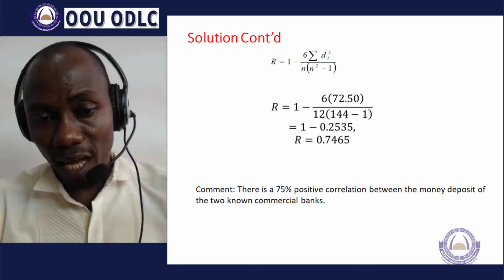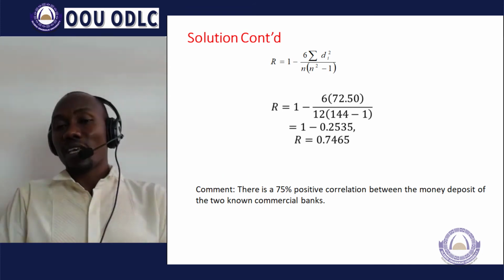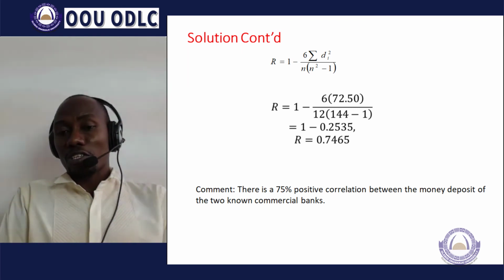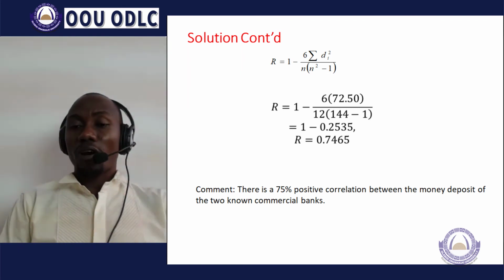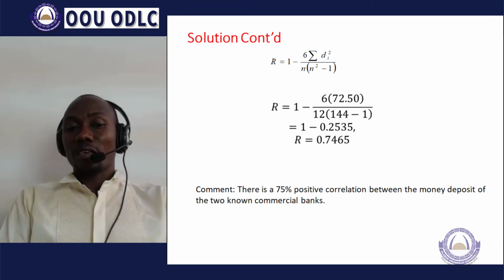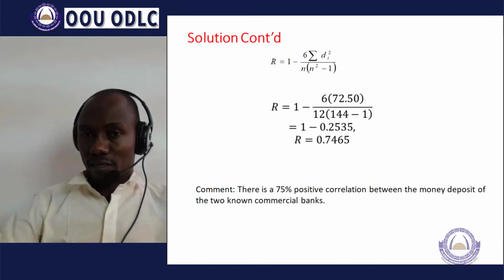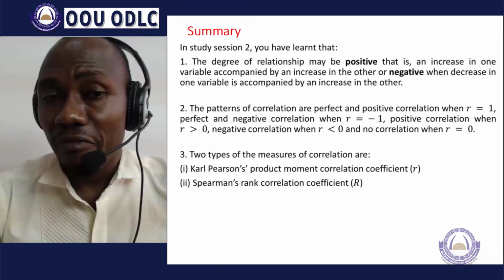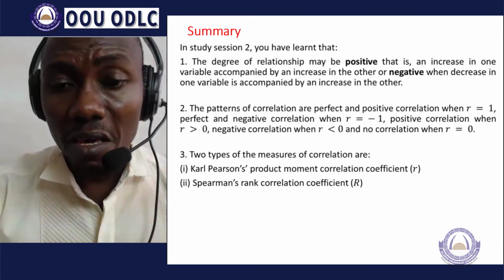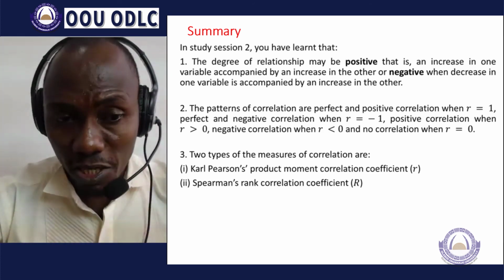And so we conclude that there is a 75% positive and high correlation between the money deposited in the two commercial banks. With this, we have completed the content for this session.